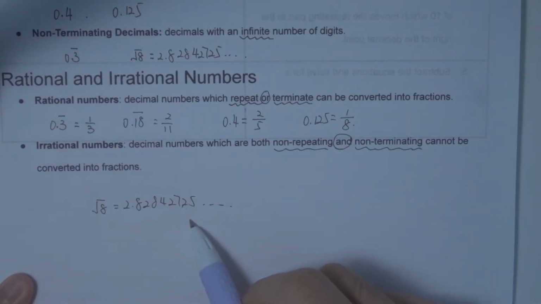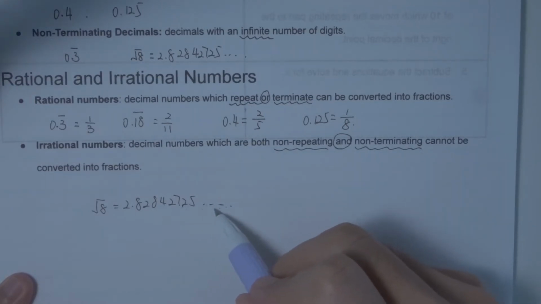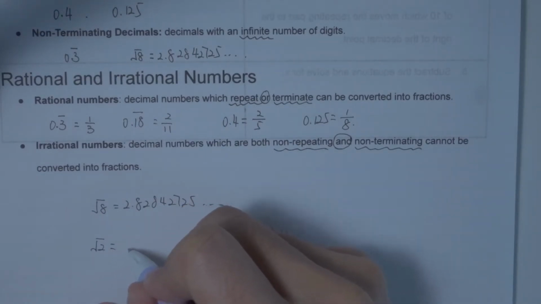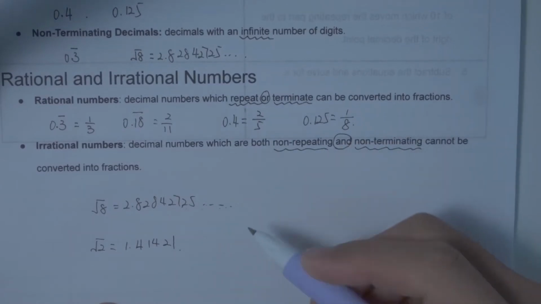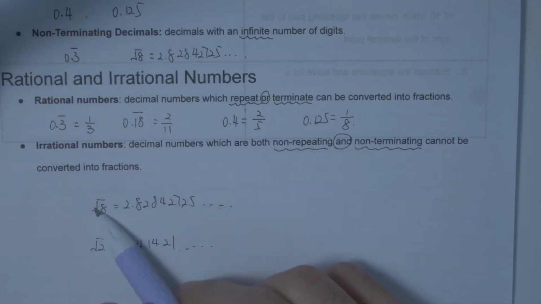There's no recurring pattern, and it's non-terminating, so this is an infinite number of digits. Another one is 0.2, and it's the same: we have a non-recurring pattern and non-terminating. So these two are irrational numbers.